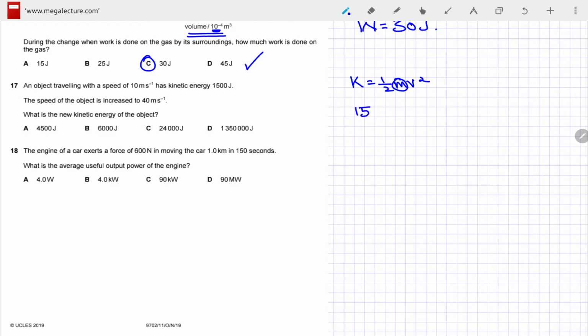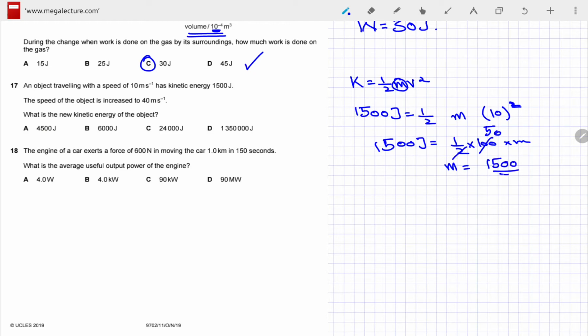We have kinetic energy as 1500 joules. This kinetic energy is for the velocity 10 meters per second. So we'll have 10 squared, and mass is unknown. So 1500 joules is equal to half into 100 times m.